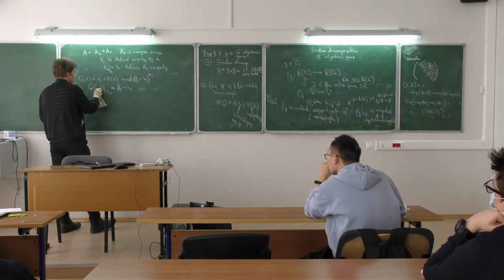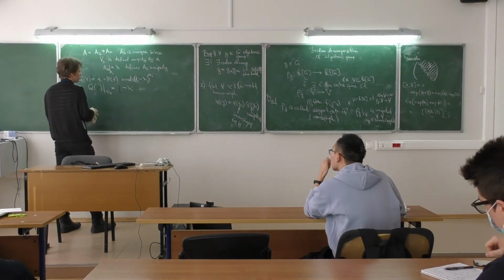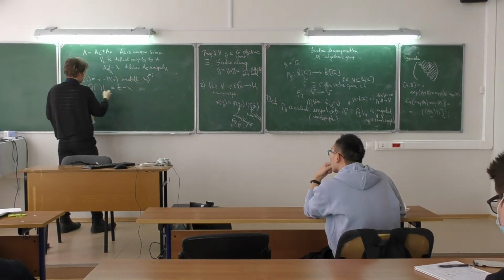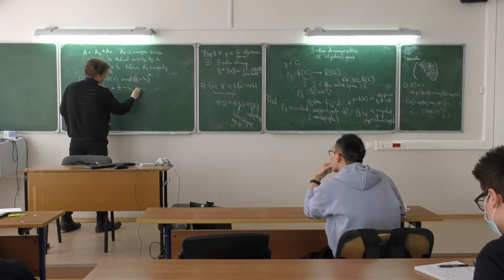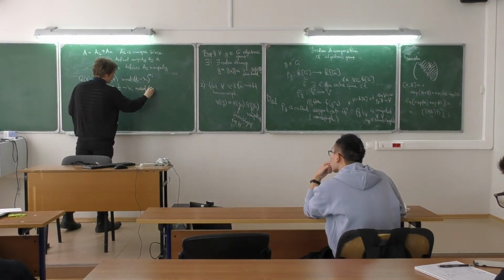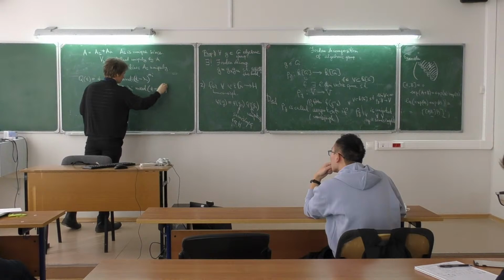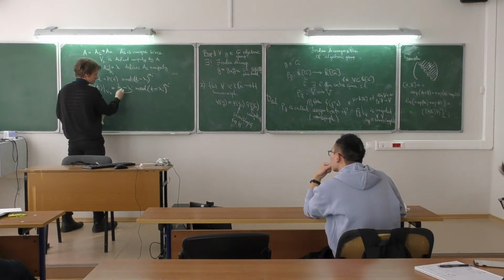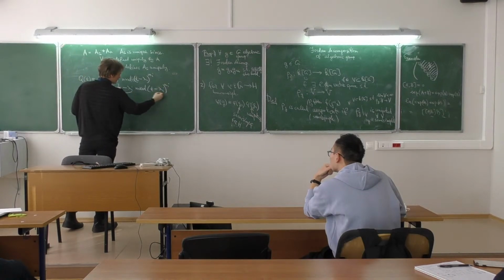If you recall that p of t is just lambda modulo t minus I, then you get this thing. And you see that when you raise this element to the power m_i, it will be 0.